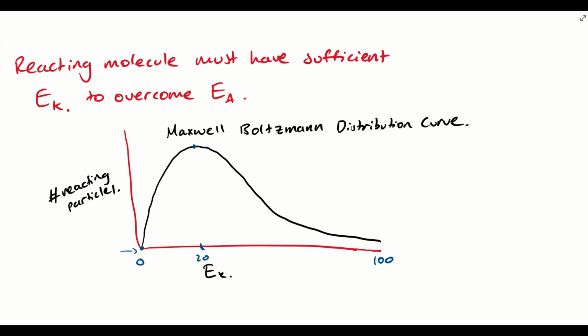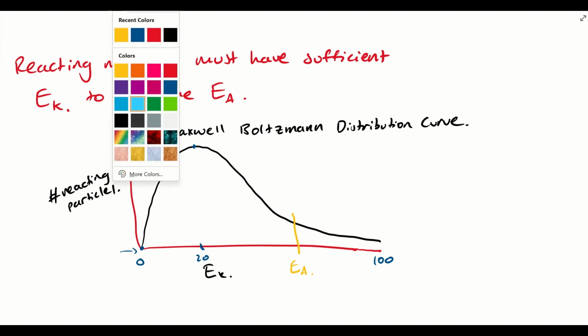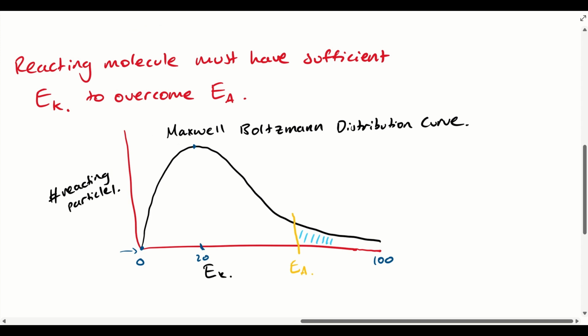But our activation energy actually sits about here somewhere. So this is our activation energy. And remember that in order for a successful collision to occur, our reactant molecules have to have sufficient kinetic energy to overcome this activation energy. So only these reactant particles here are going to have enough kinetic energy to overcome this activation energy.